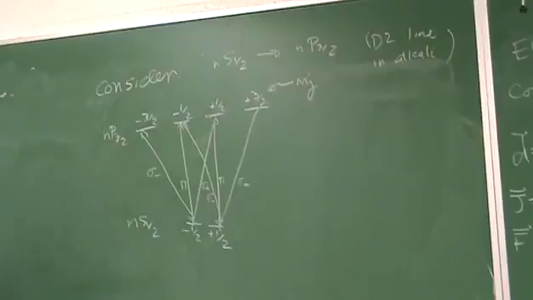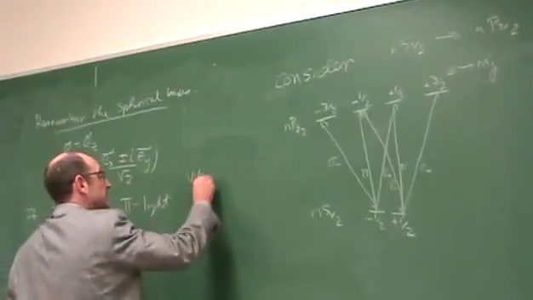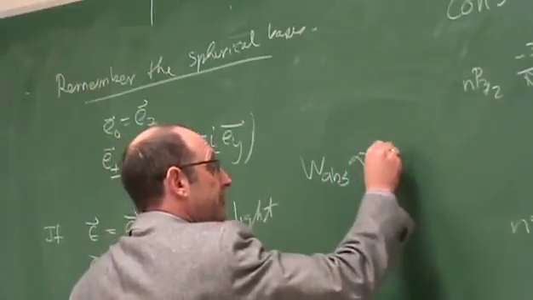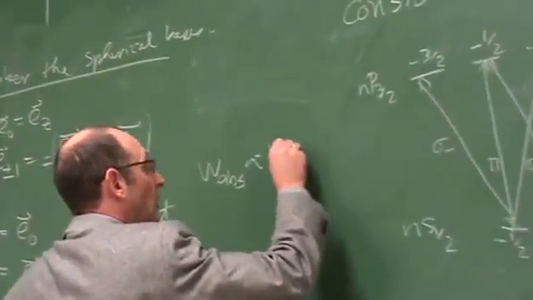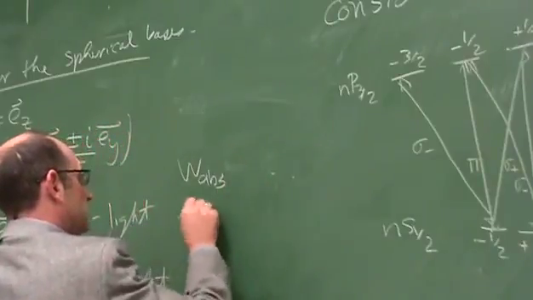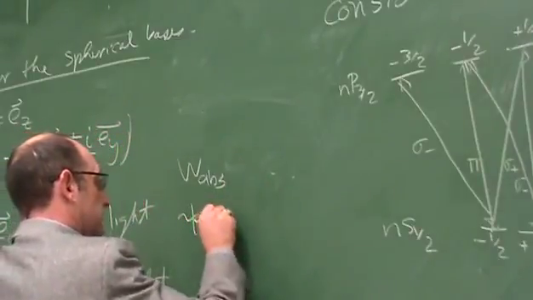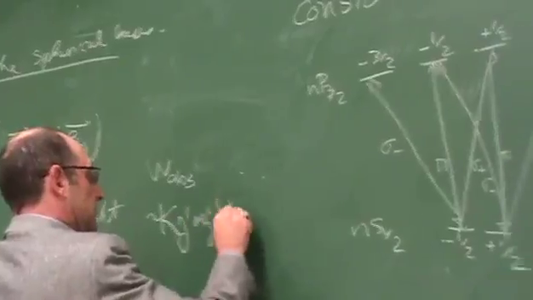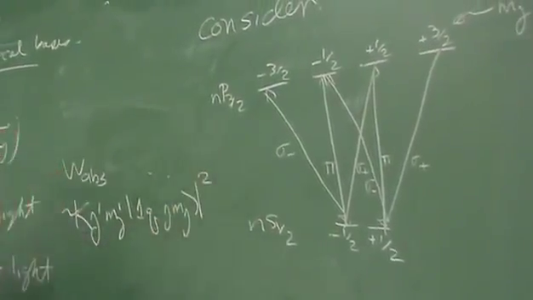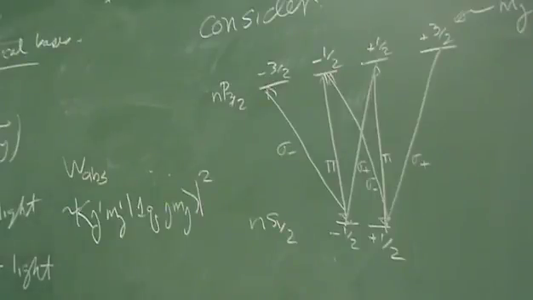Well, the absorption rate is proportional to the square of the Clebsch-Gordan coefficient associated with that transition, right?